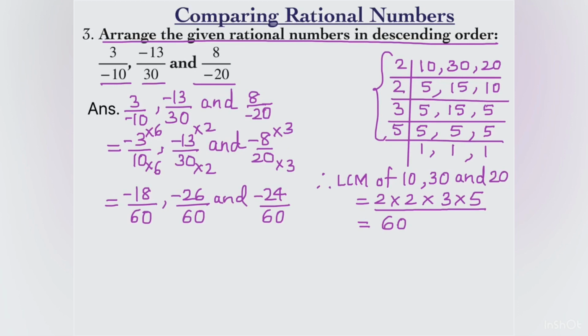For the same denominator, the rational number with greater numerator is greater and the rational number with smaller numerator is smaller. Since we need to arrange these rational numbers in descending order, that is big to small, let's compare the numerators.